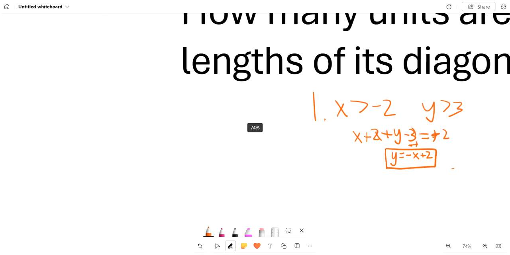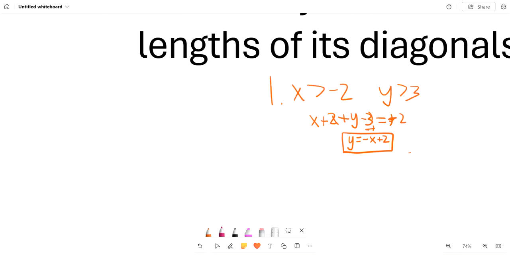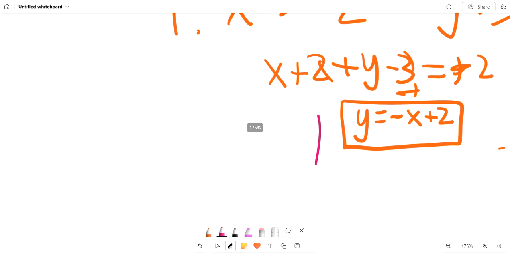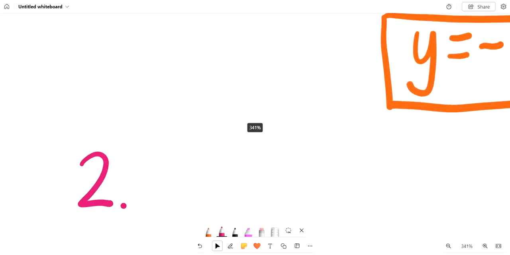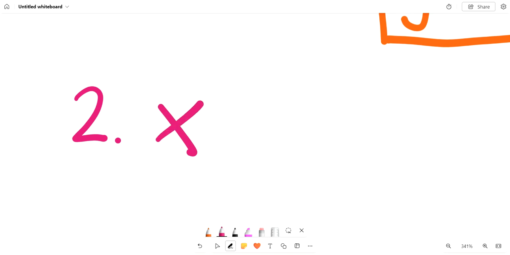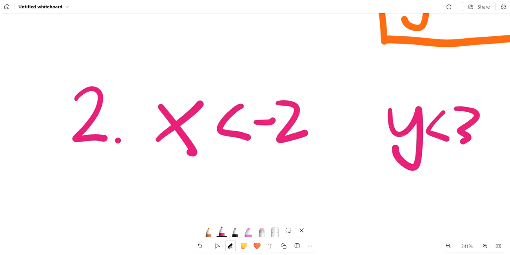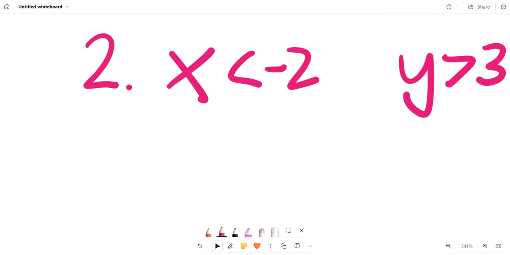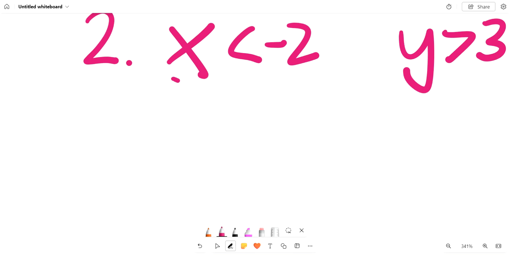So case 2 is when x is less than negative 2 and y is greater than 3. So now we have to reverse the x absolute value expression.